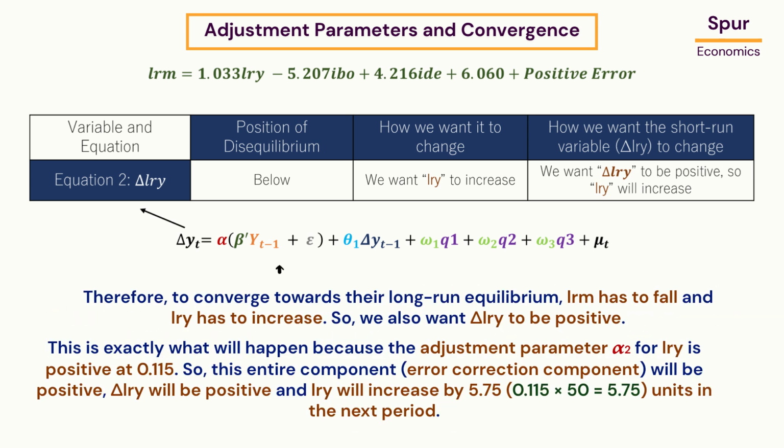Therefore, to converge towards their long-run equilibrium, LRM has to fall and LRY has to increase. So, we also want delta LRY to be positive. This is exactly what will happen because the adjustment parameter alpha2 for LRY is positive at 0.115. So, this entire component will be positive, delta LRY will be positive and LRY will increase by 5.75 units in the next period.